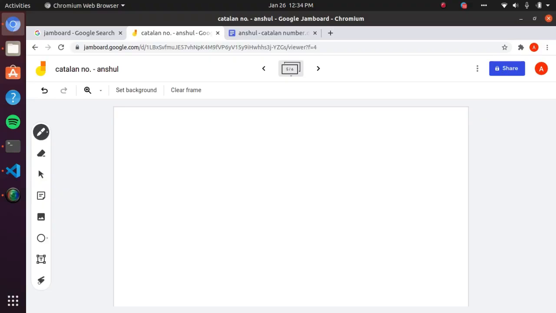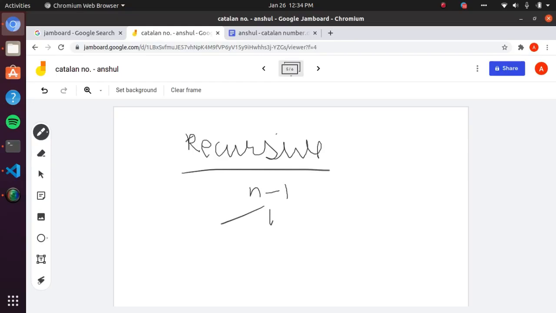As this formula consists of recursive calls, they will grow exponentially, so the time complexity will also be exponential in terms of n.